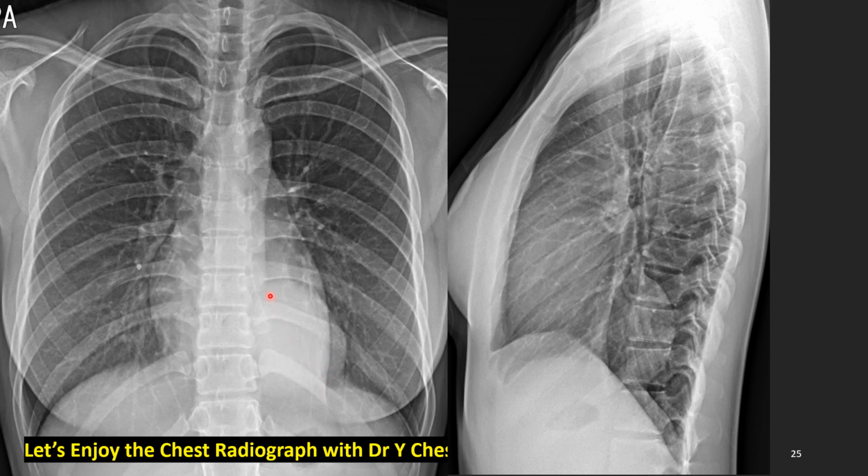And obliteration of aorta and obliteration of paraspinal stripe. That means this lesion is posterior location, posterior mediastinal tumor with most probable possibility of neurogenic tumor. And when we see the lateral film, this is on the posterior side, overlying the spine.